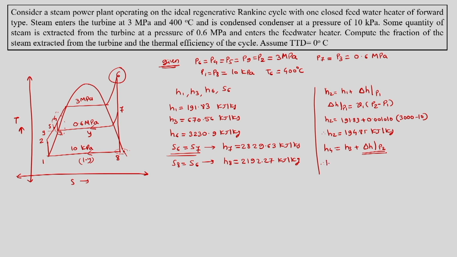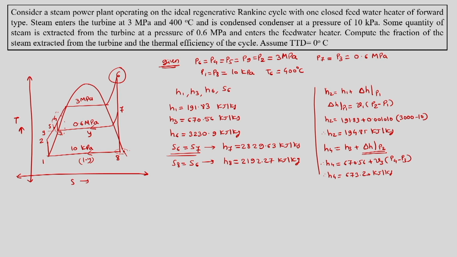So, we have H4 is equal to H3 (670.56) plus nu 3 into P4 minus P3. So, we can get H4 is equal to 673.20 kilojoule per kg.